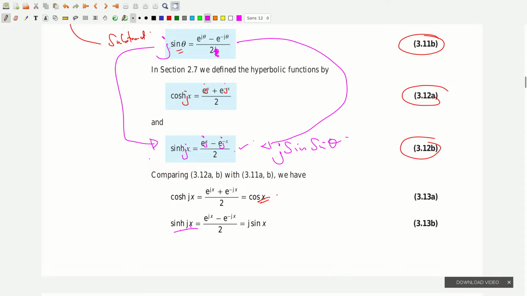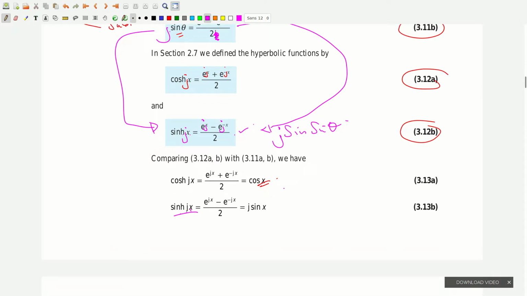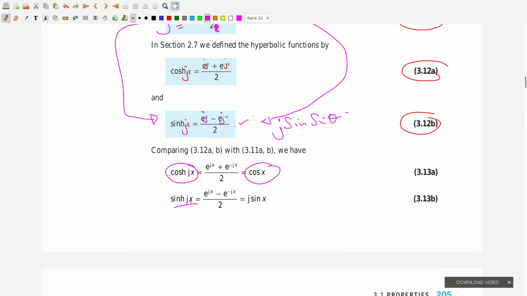Okay, so that is the relationship which we have deduced between the cosine and its hyperbolic counterpart: the cosine of x equals hyperbolic cos of jx, and the hyperbolic sine of jx is equal to j times sine x.